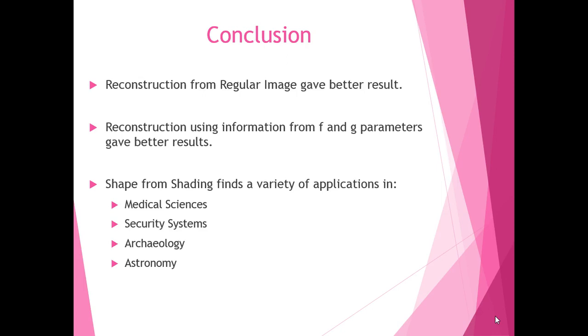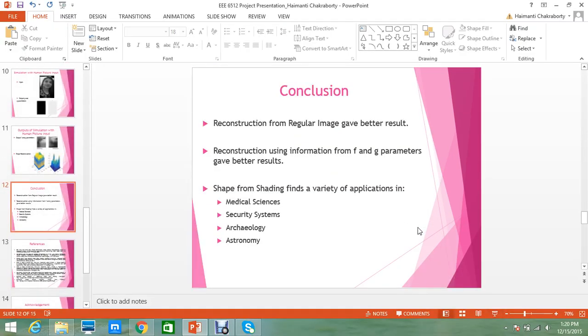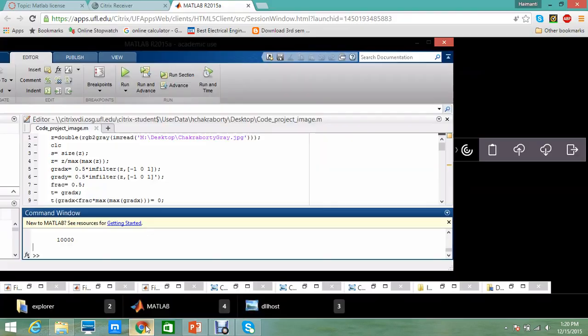Now, before we move over to the conclusion, let us discuss our code or simulation. This is our code, and it has been run in MATLAB. Various tools and functions have been used for this purpose.